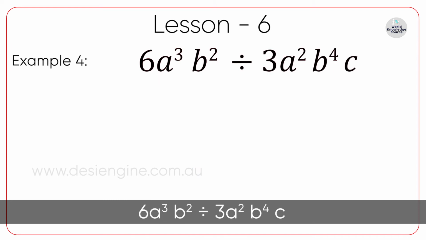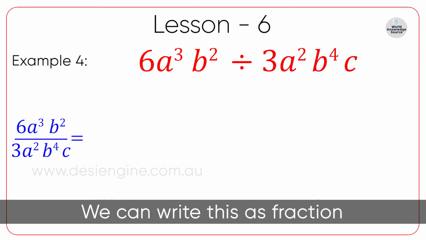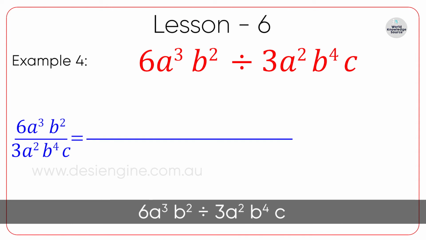Example 4. 6a power of 3 b power of 2 divide 3a power of 2 b power of 4 c. We can write this as a fraction, 6a power of 3 b power of 2 over 3a power of 2 b power of 4 c.